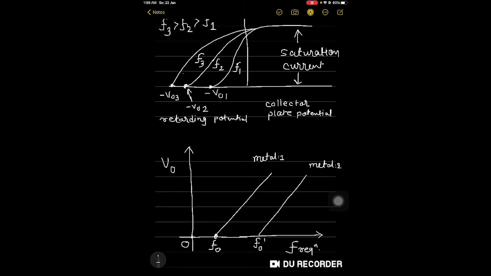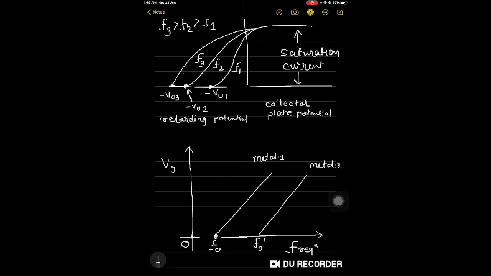First, the maximum kinetic energy of the photoelectrons varies linearly with the frequency of the incident radiation, but is independent of its intensity. Second, for a frequency f of incident radiation lower than the cutoff frequency f0, no photoelectric emission is possible even if the intensity is large.